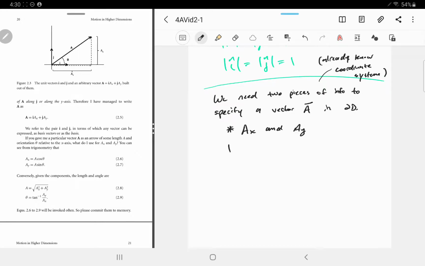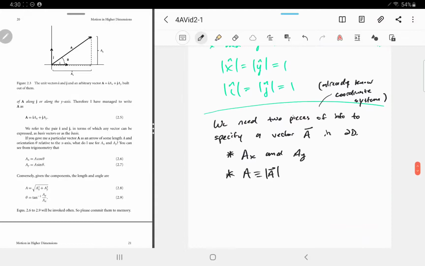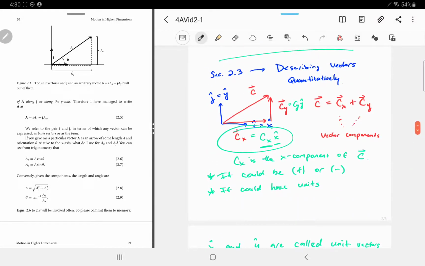So we could know Ax and Ay, or we could know the magnitude of A. Sometimes we'll just write A to refer to the magnitude of A. This is the same thing. This is the overall length, maybe with units, of that vector. If we knew the length of C right here, that wouldn't be enough, right?